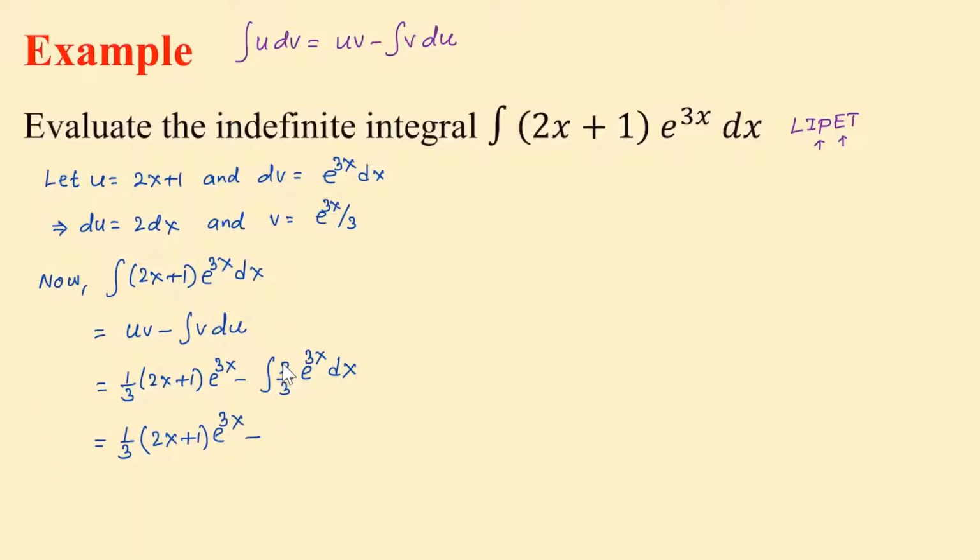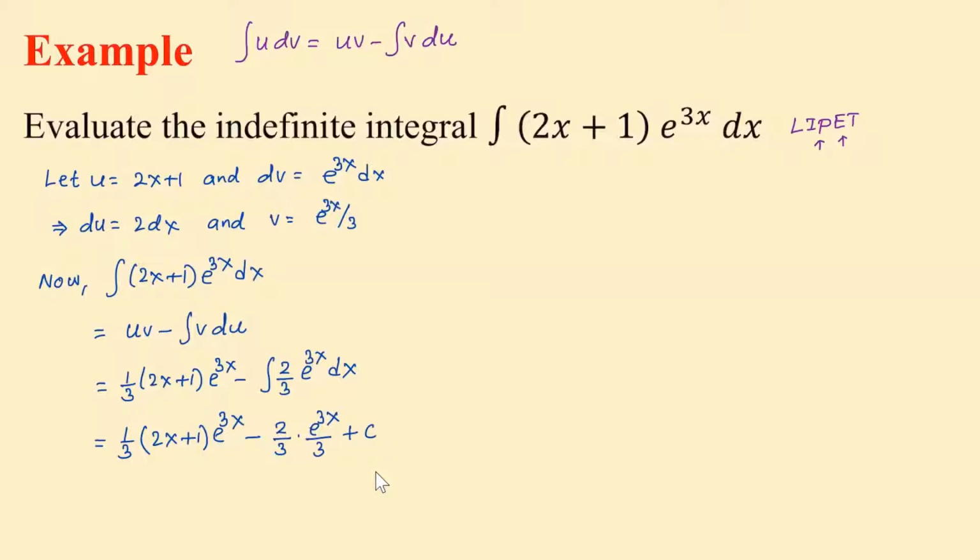In this integral, 2/3 is a constant multiple, so we can take that out. So let's write 2/3 multiplied by the integration of e to the 3x, which is e to the 3x over 3. Since we are done with the integral, now we need the constant of integration, so we write plus c.